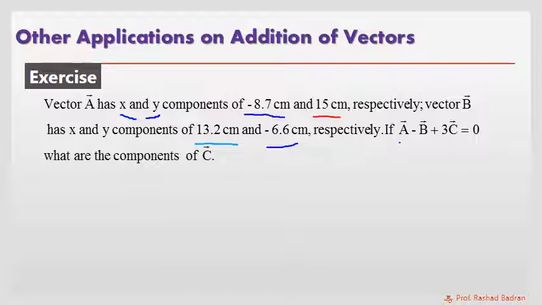If the vector equation is given as a minus b plus 3c equals 0, what are the components of c?